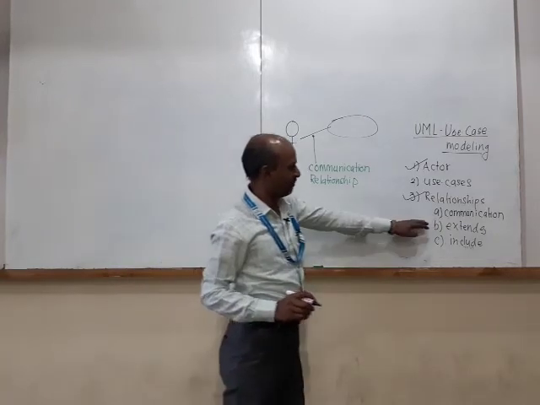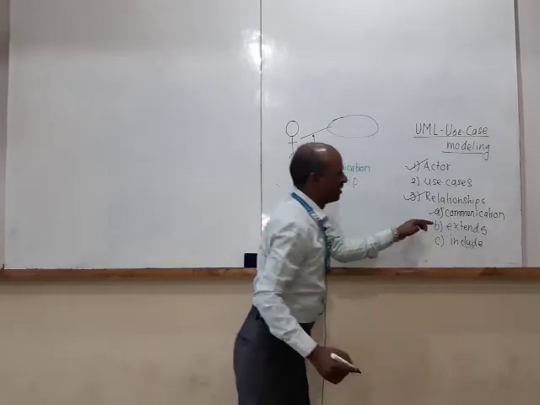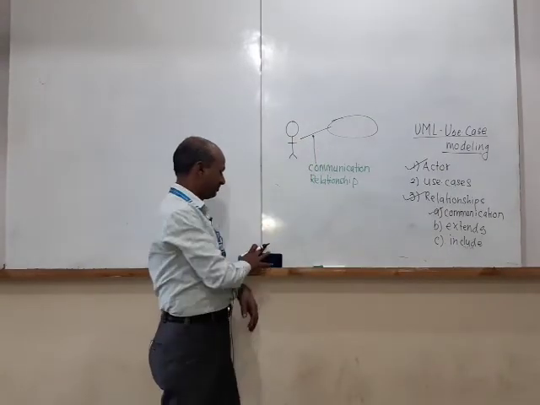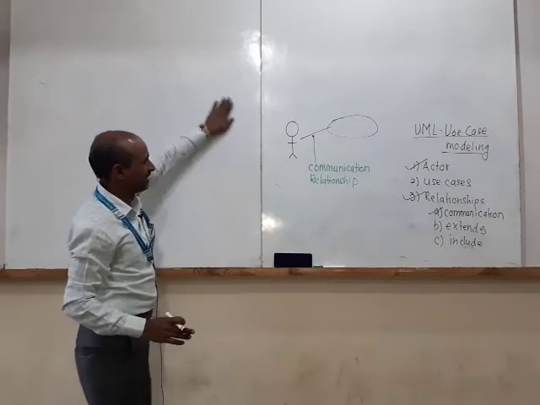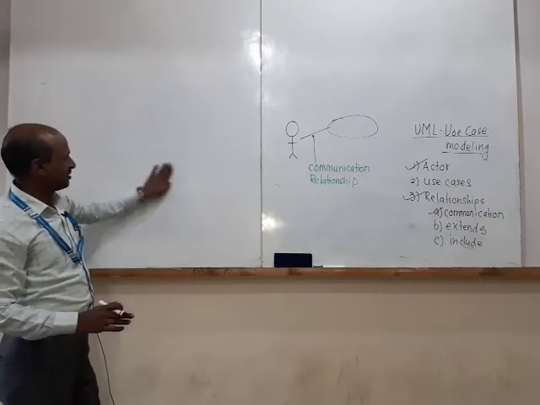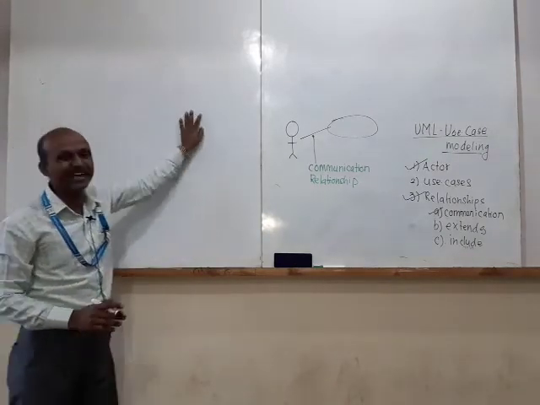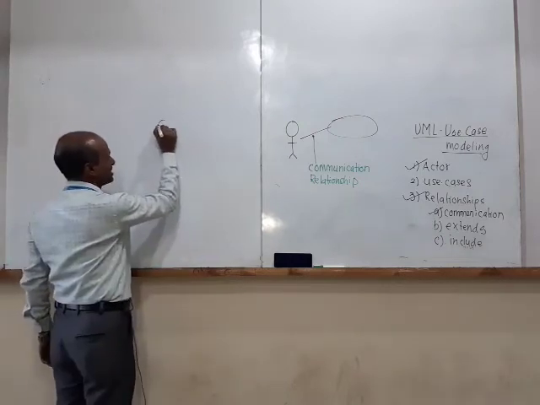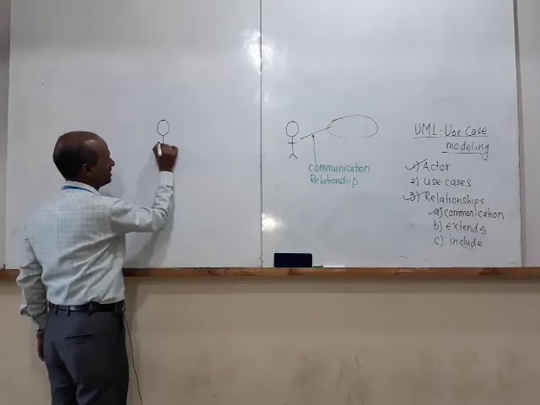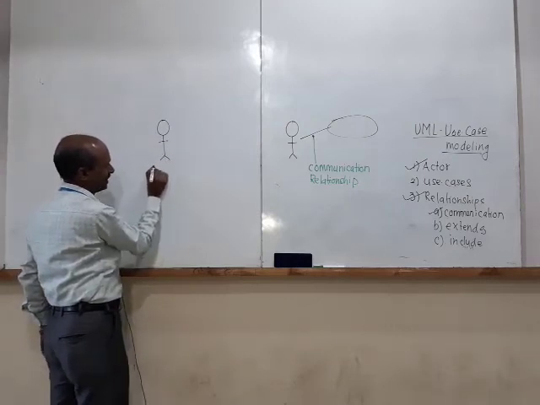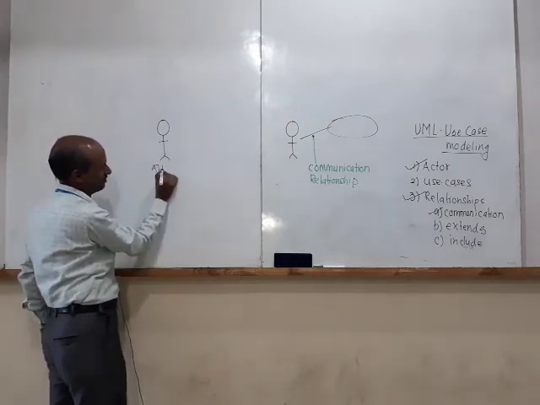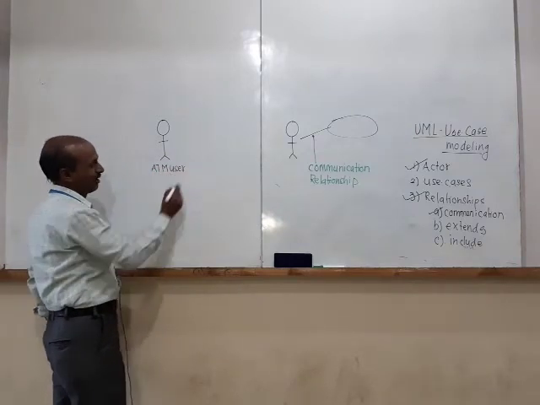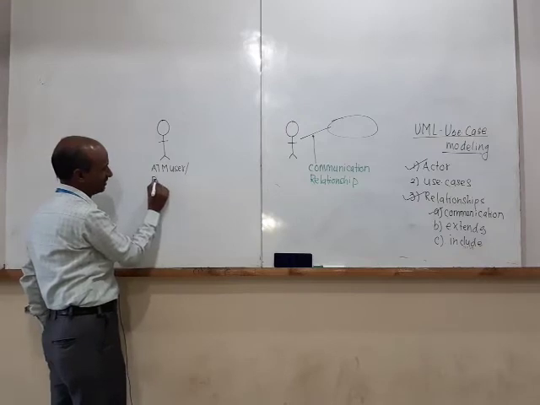To better understand the extend relationship, we'll see one example. Suppose we consider a bank ATM system. In that system, the actor is the ATM user or bank client.